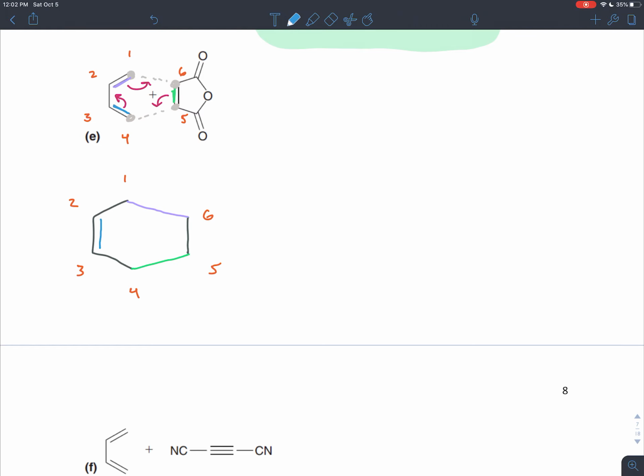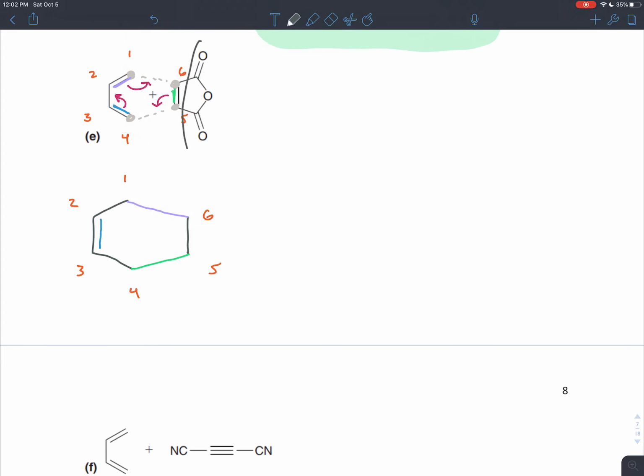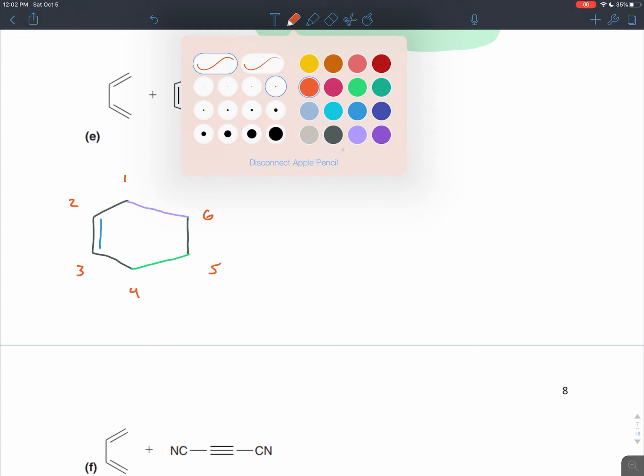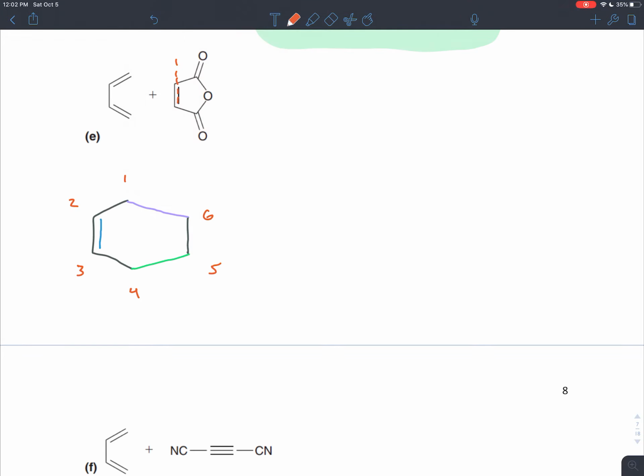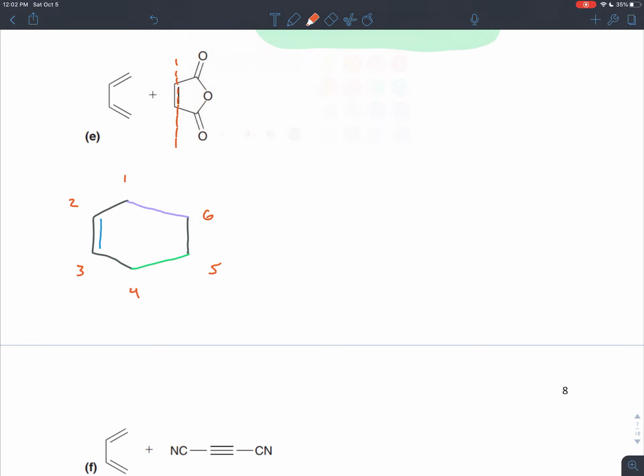So those are the way the electrons move, and now we just need to think about adding in those electron withdrawing groups. Now, if you notice in that original molecule, if you were to draw a dotted line down the long end of the double bond, you'll see that the two groups coming off of that are on the same side of that dotted line. They're both to the right of it. And so those are cis.